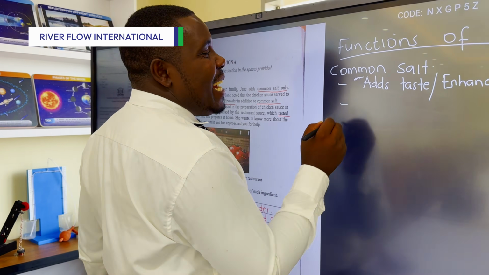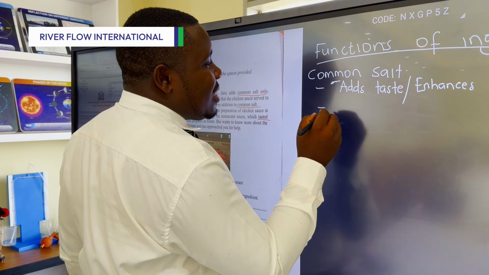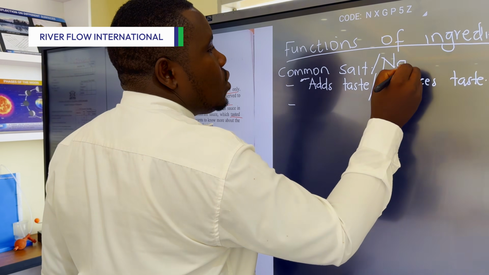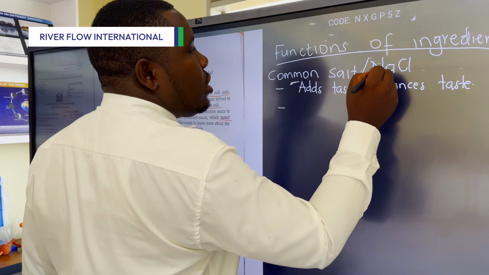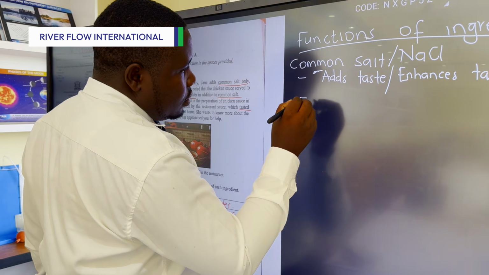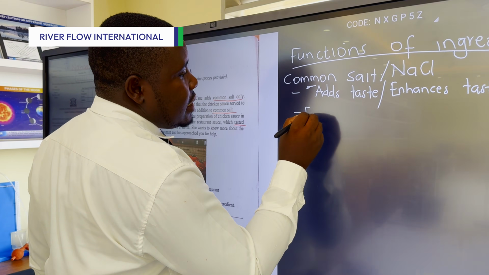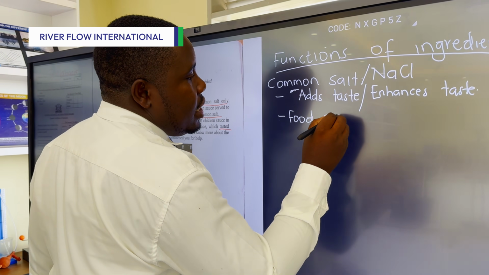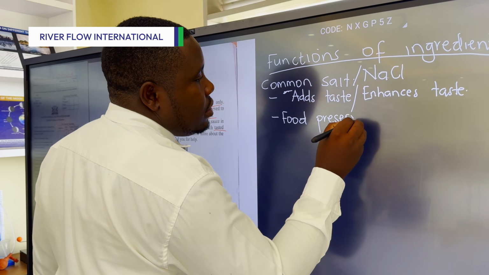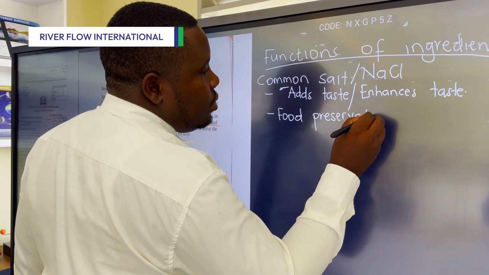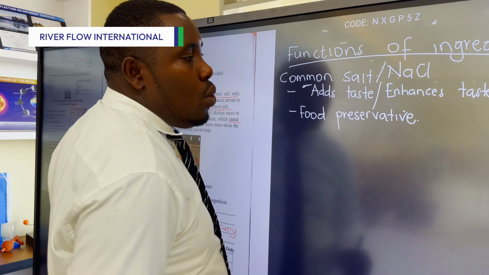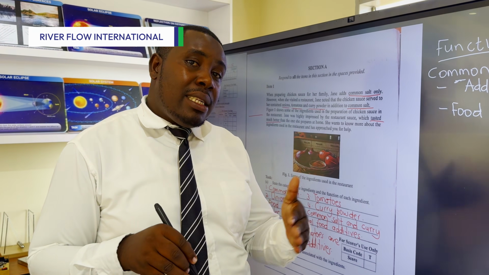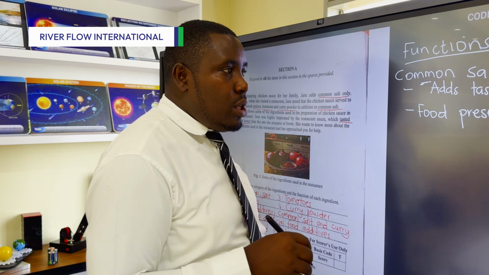Then number two, remember we said this salt is also called sodium chloride when we come to chemistry. This salt can also act as a food preservative. How? Because when salt is added in food, that's why food can stay a whole day without getting spoiled.